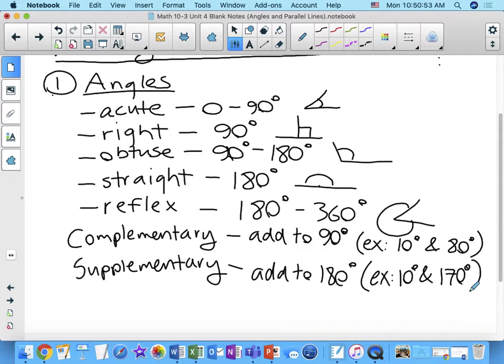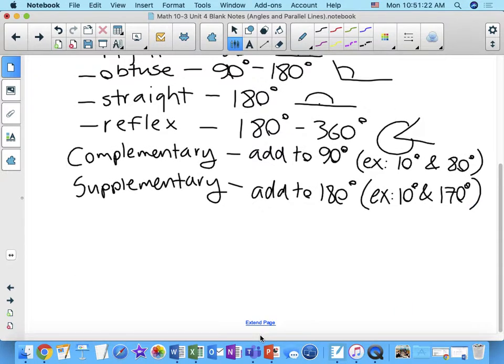There we go. Now, does every angle have a complement? What would be an example of an angle that does not have a complement? 92 degrees does not have a complement, exactly, because it's too big, right? So any angle greater than 90 degrees doesn't have a complement, and any angle greater than 180 degrees doesn't have a supplement. That's right. Okay?